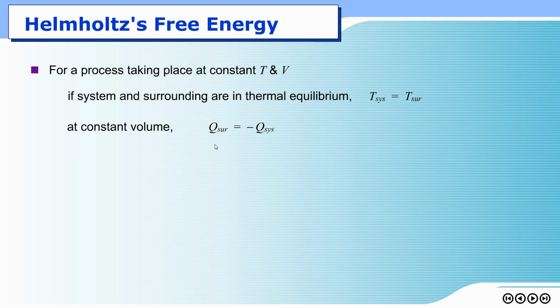In short, Q surrounding is the negative of Q of the system. And then at constant volume, heat released or entering the system is basically delta U of the system, right? From lecture 2. Then we can use the second law, or the definition of entropy change, delta S equal to Q over T, and Q here is delta U.